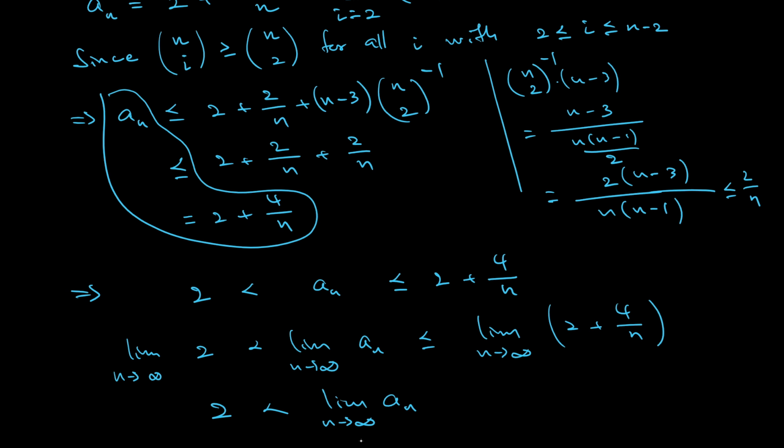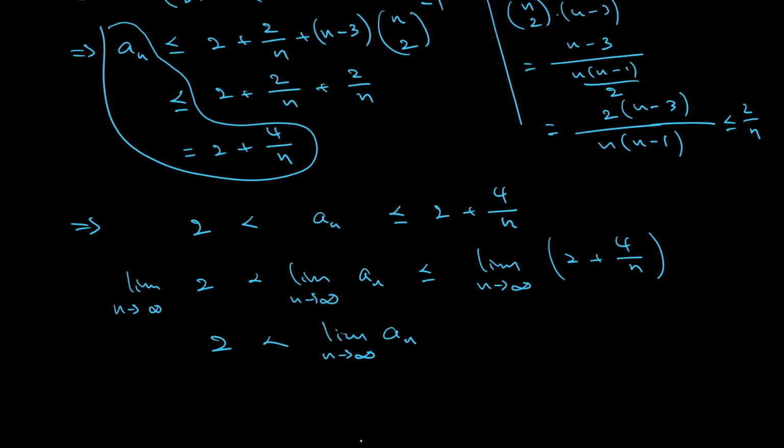Okay, notice that this is a limit. Alright, so this is smaller than or equal to, and as n goes to infinity, this is 0. Alright, so this will be just 2. So that will squeeze the limit as n goes to infinity of a_n to be 2. And that's exactly what the question asks.